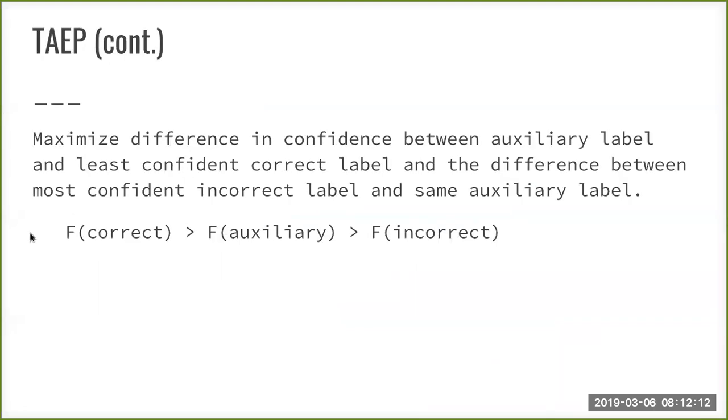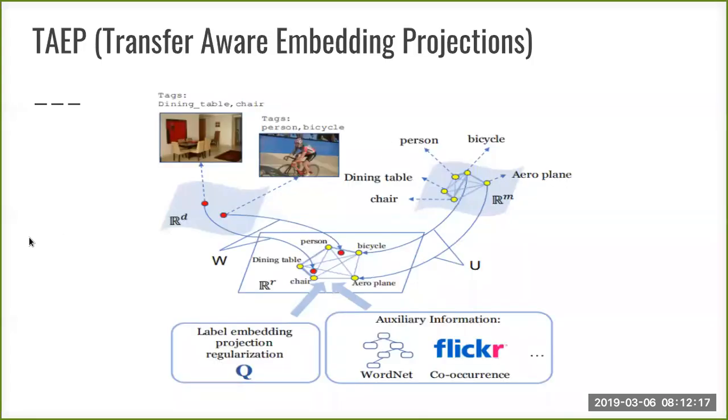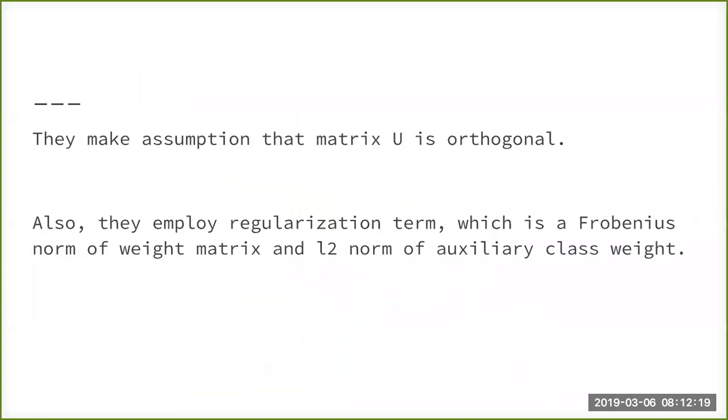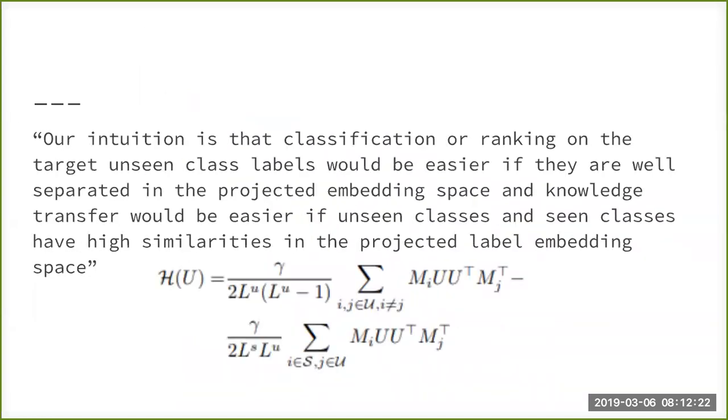They claim if they increase the similarity between unseen classes and seen classes, and then if they also decrease the similarity between the seen classes, that would make this zero-shot learning problem easier, which is a somewhat questionable thing.